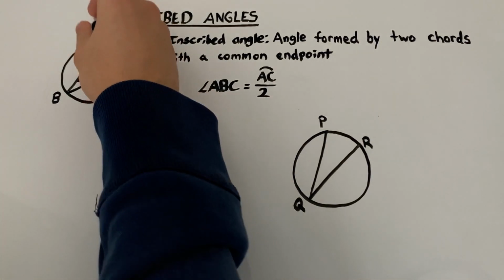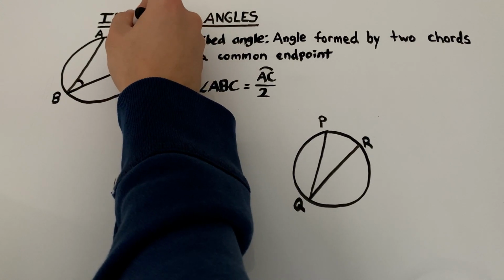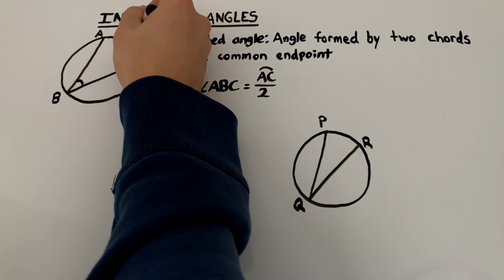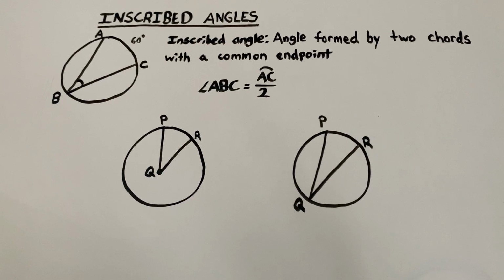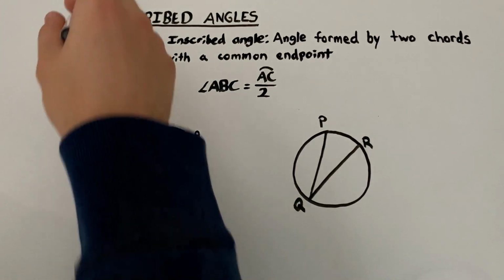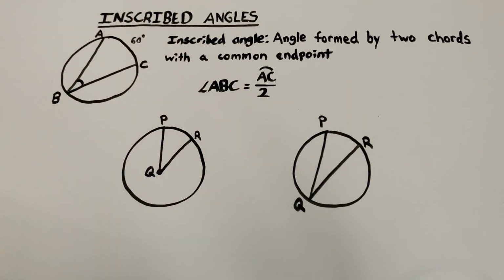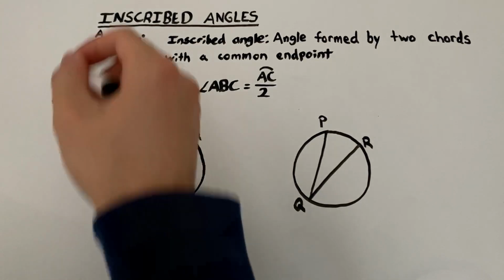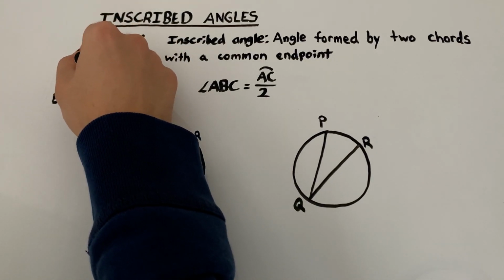So if you were told that arc AC is equal to 60 degrees, then the inscribed angle, angle ABC, is equal to arc AC over 2, which is 60 degrees divided by 2. So inscribed angle ABC would be equal to 30 degrees.